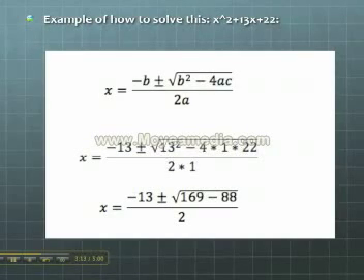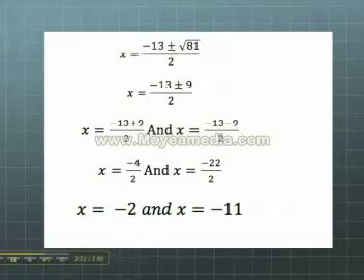Then you use the order of operations in the square root to get 169 subtract 88. From 169 subtract 88 you get 81, so the total now is x equals negative 13 plus or minus the square root of 81, divided by 2.